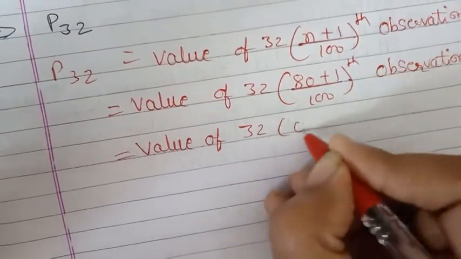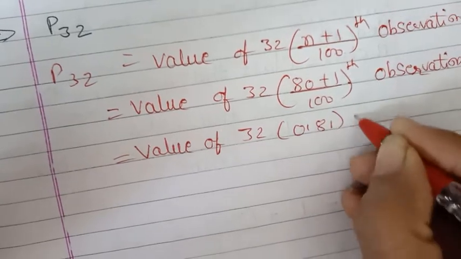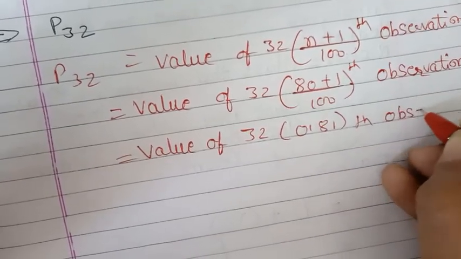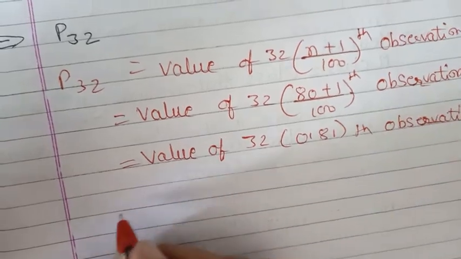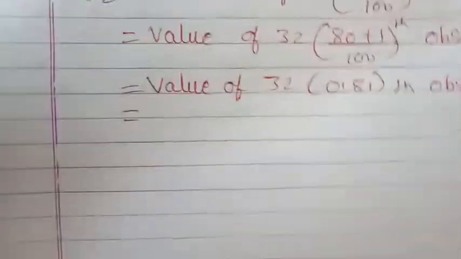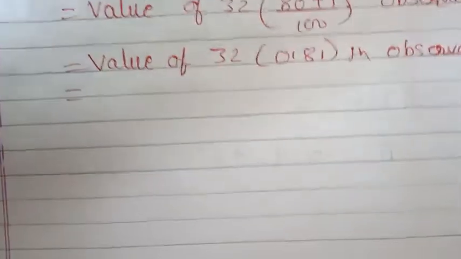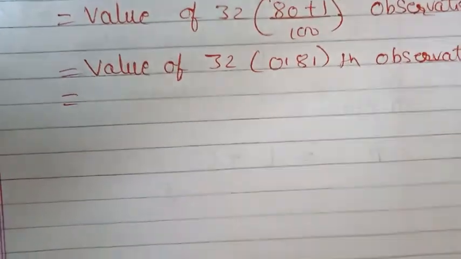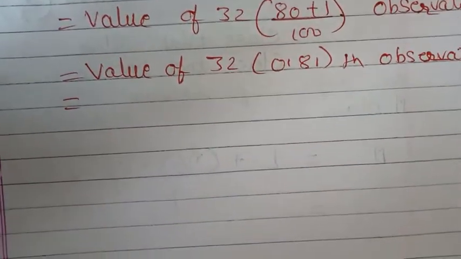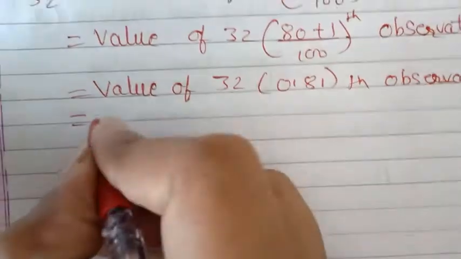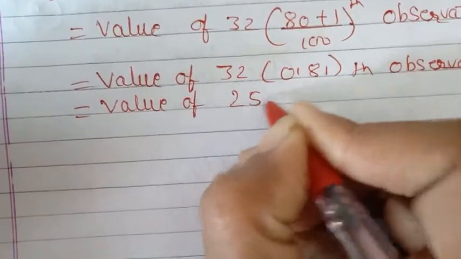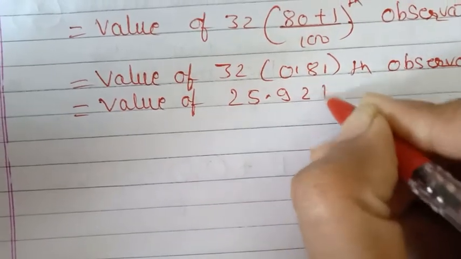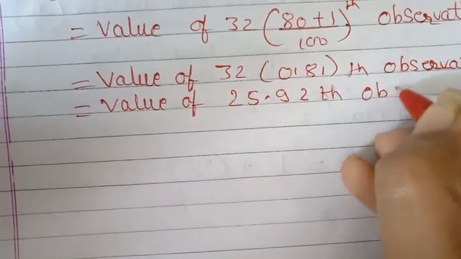So 32 multiplied by 0.81 observation, now 32 multiplied by 0.81 you will get 25.92 observation.